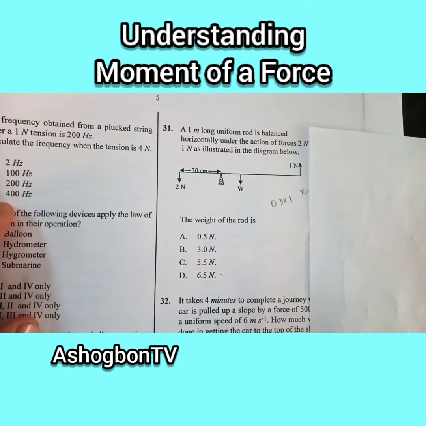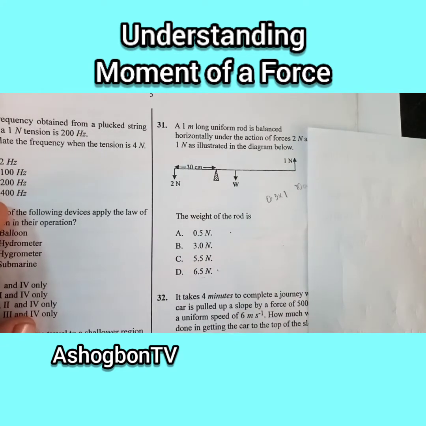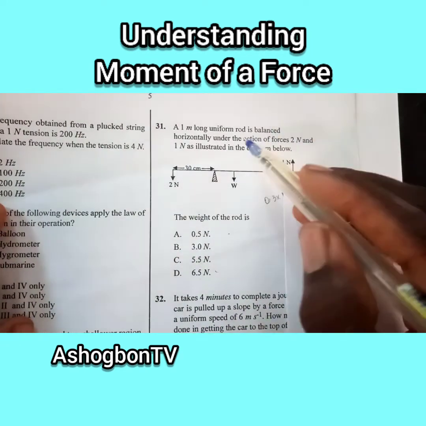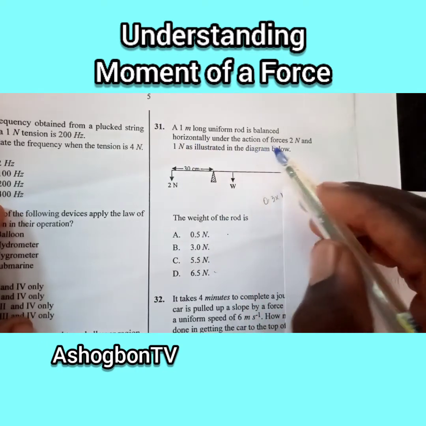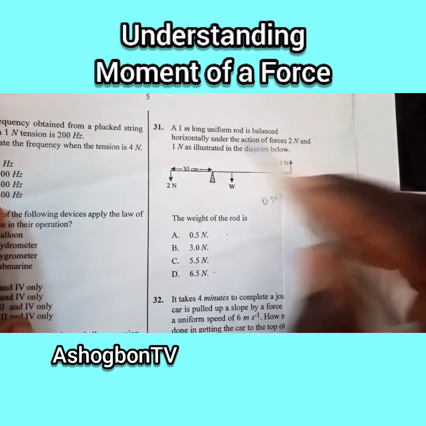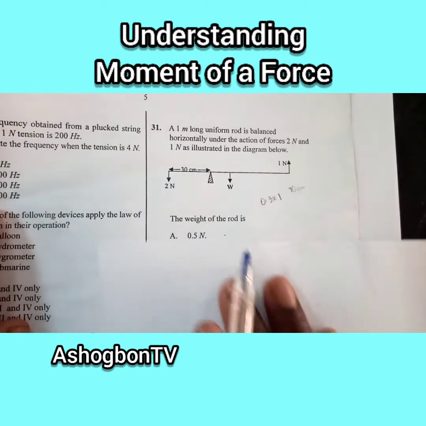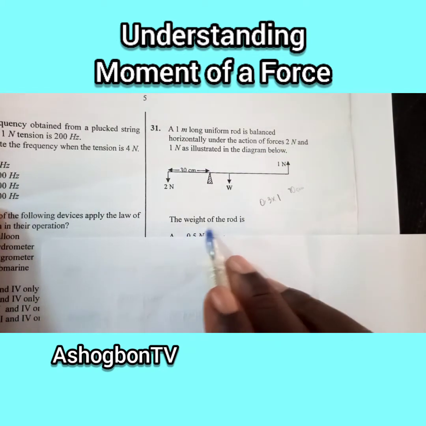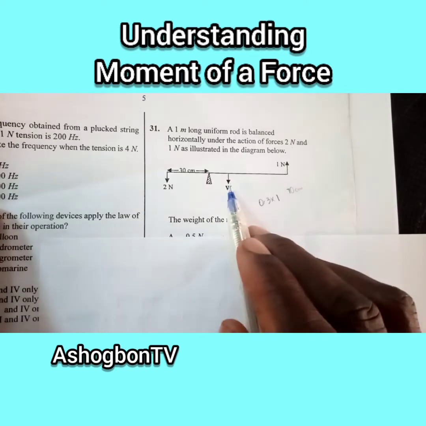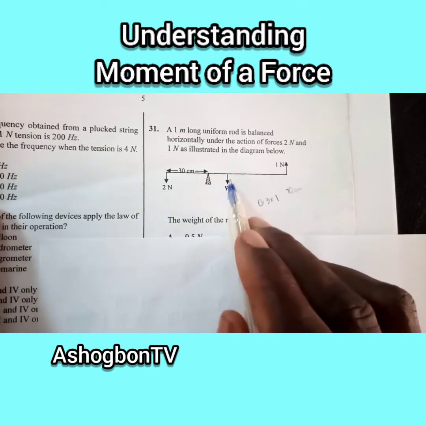Very, very important. So in this case, the rod is balanced horizontally under the action of forces 2 Newton and 1 Newton as illustrated in the diagram below. The question is the weight of the rod, which will automatically be at the middle.